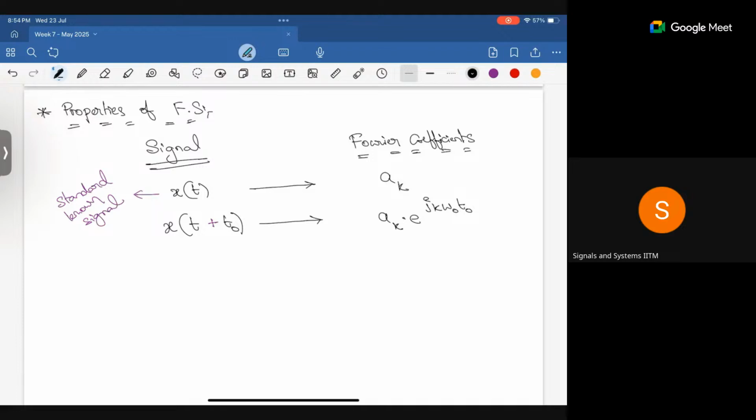You just take the analysis equation which I discussed, a k is equal to 1 by T integral minus T by 2. If you use that formula and try substituting, instead of t plus t naught, you just take it as u, then do some manipulations and you will see. It is good to prove. Once you prove it, you will remember it.